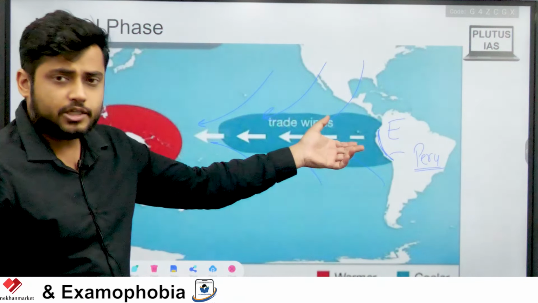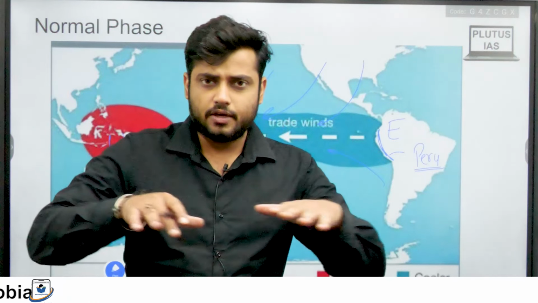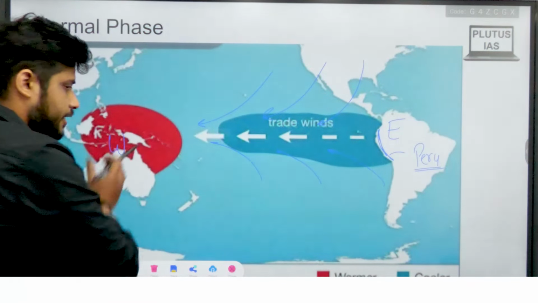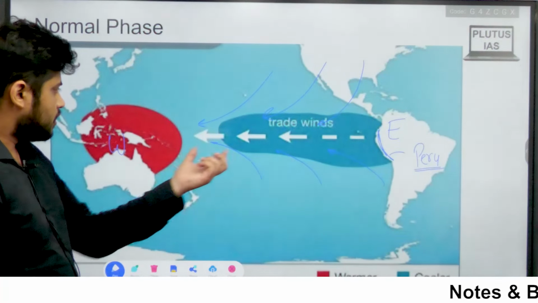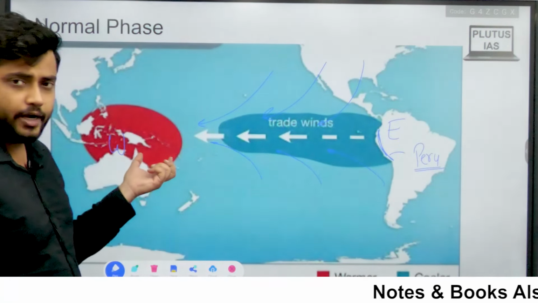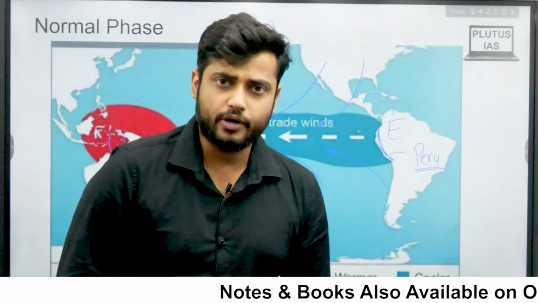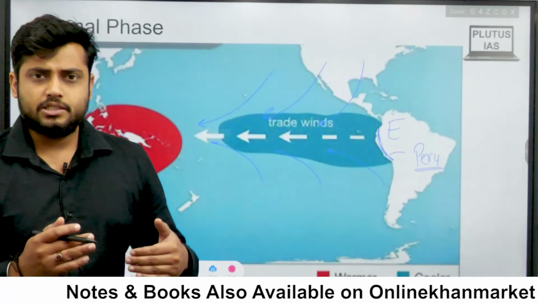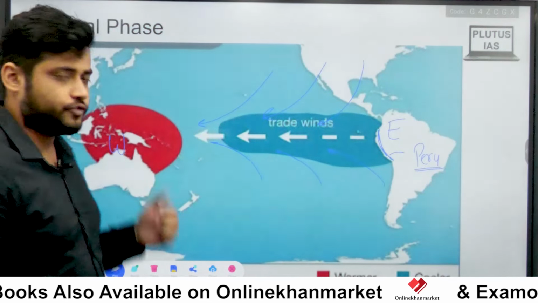As the trade winds are moving over the water surface, they are pushing the water. On the surface we have warm water because it is heated by the sun. So this warm water is pushed towards the Australian side, in the western part of the Pacific Ocean basin, near the coast of Australia and Indonesia.